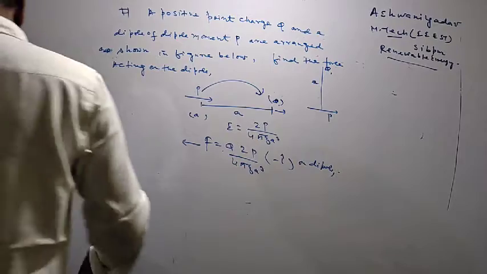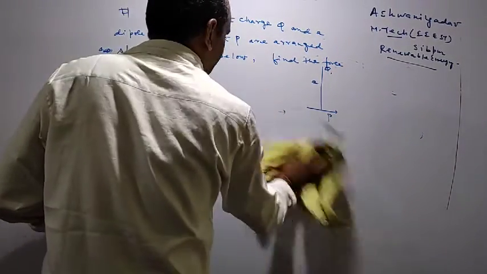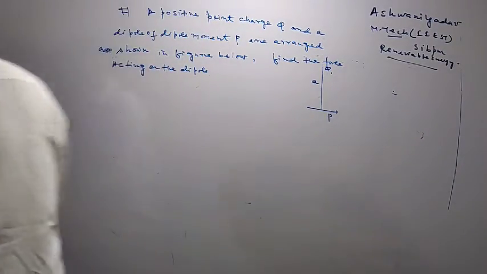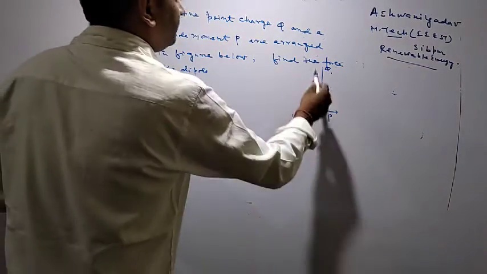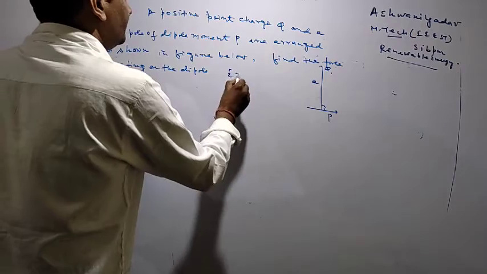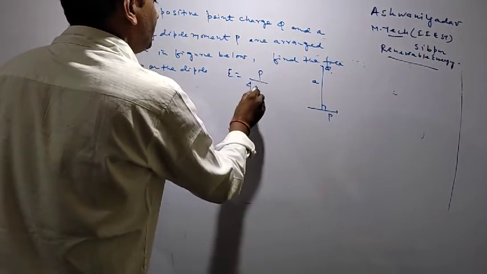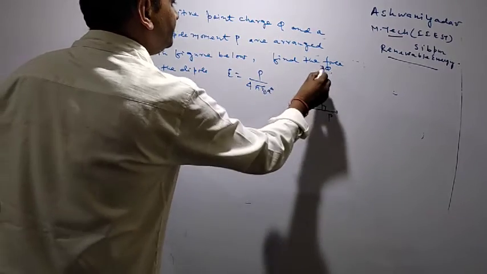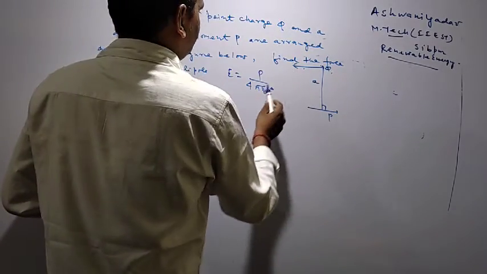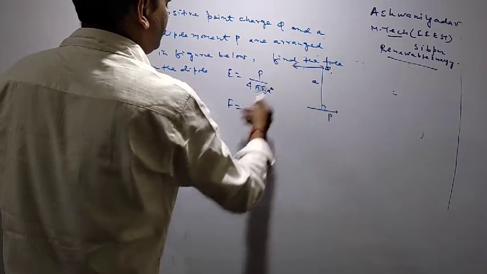Well, similarly, you can apply the similar concept in this question. You see this, it is on the equatorial plane. So what is the electric field at that point? The electric field here you can find as P by 4 pi epsilon naught a cube, in this direction. So force will be in negative x direction.